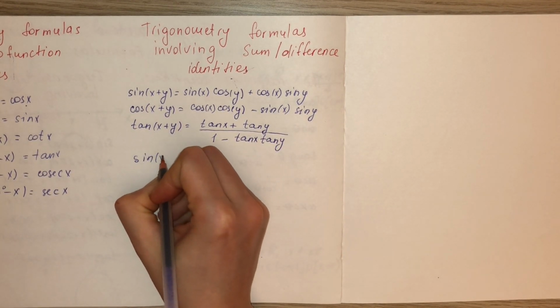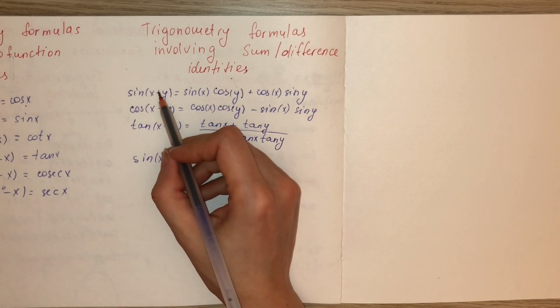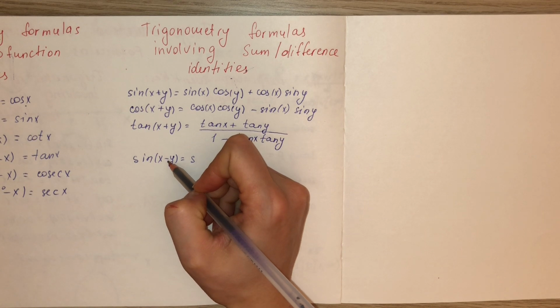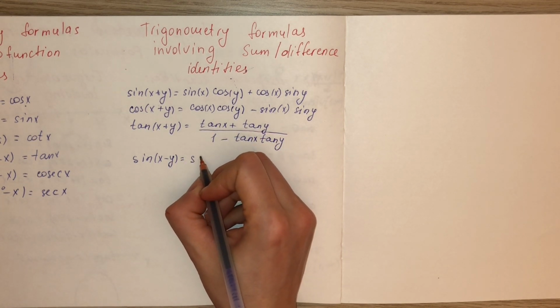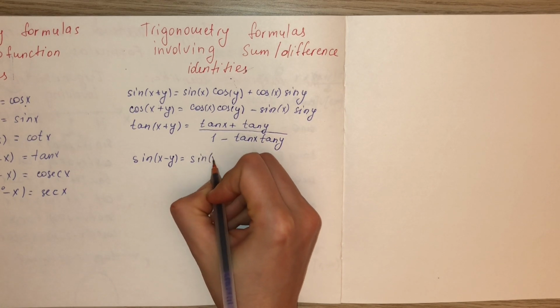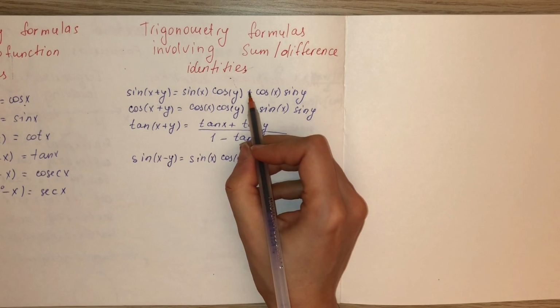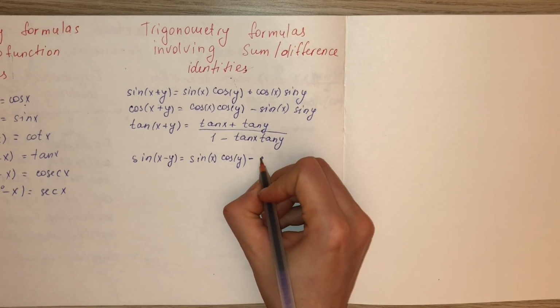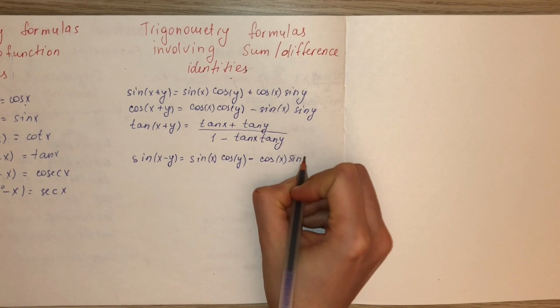The sine of x minus y is equal to sine x cosine y minus cosine x sine y.